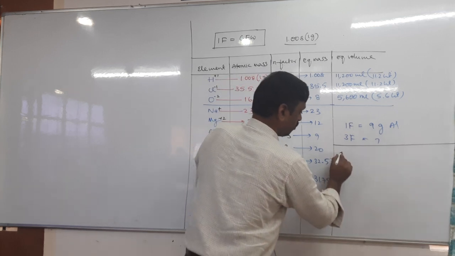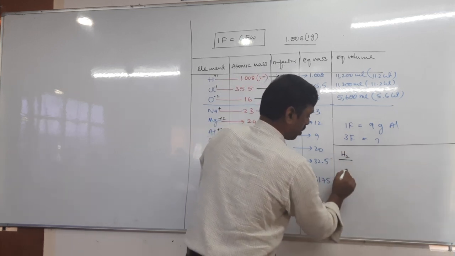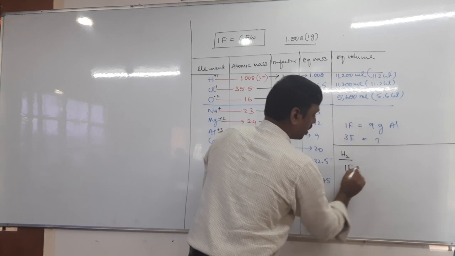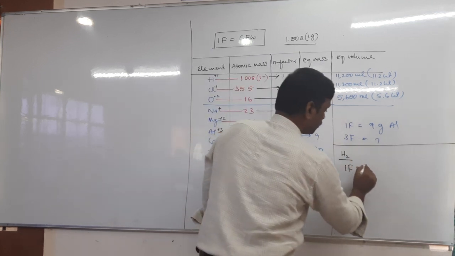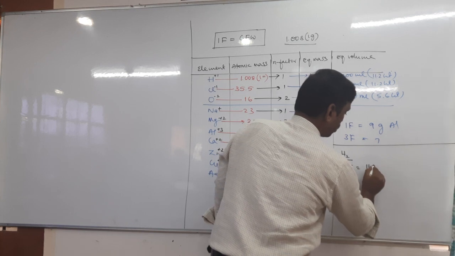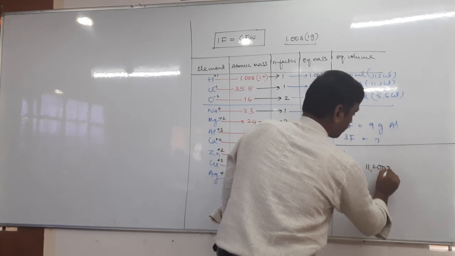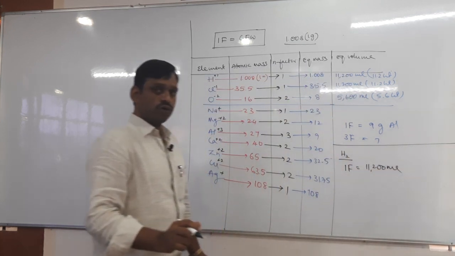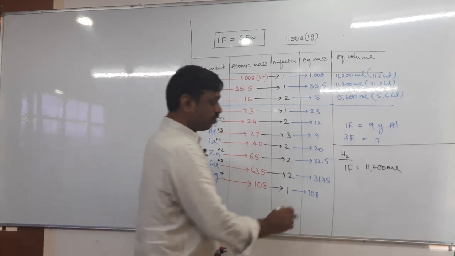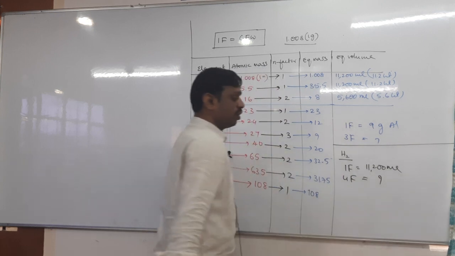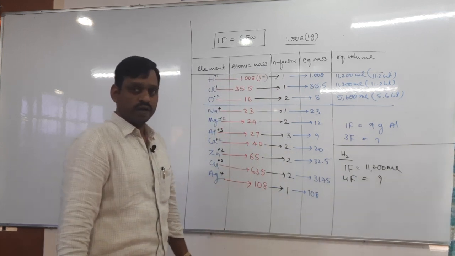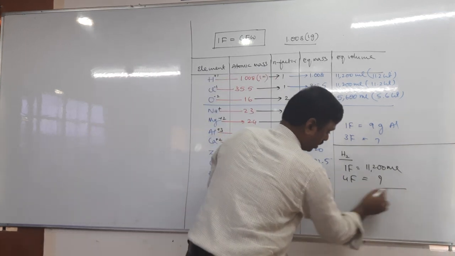Here we know that for hydrogen, 1 Faraday of electric current equals how much volume? 11,200 ml, right? So 1 Faraday equals 11,200 ml. Then 4 Faraday equals 4 into 11,200 ml. Okay, that can be calculated.